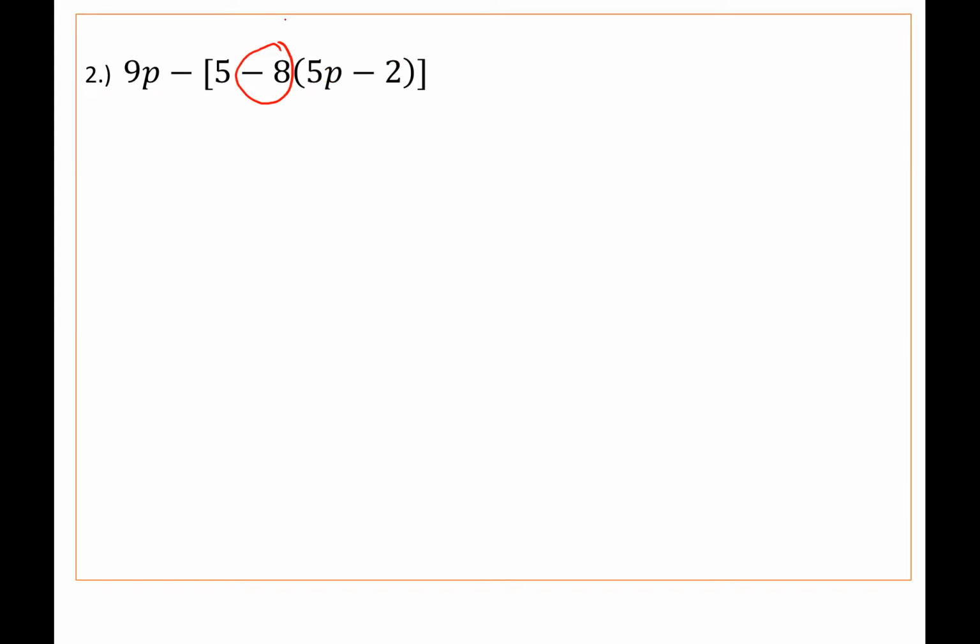So I'm about to distribute, kind of in the middle of the problem here, this minus 8 will be distributed into the 5p minus 2. So I know I said minus 8, but it's also a negative 8, same thing. Negative 8 times 5p, that's negative 40p. Negative 8 times negative 2, that's now positive 16.